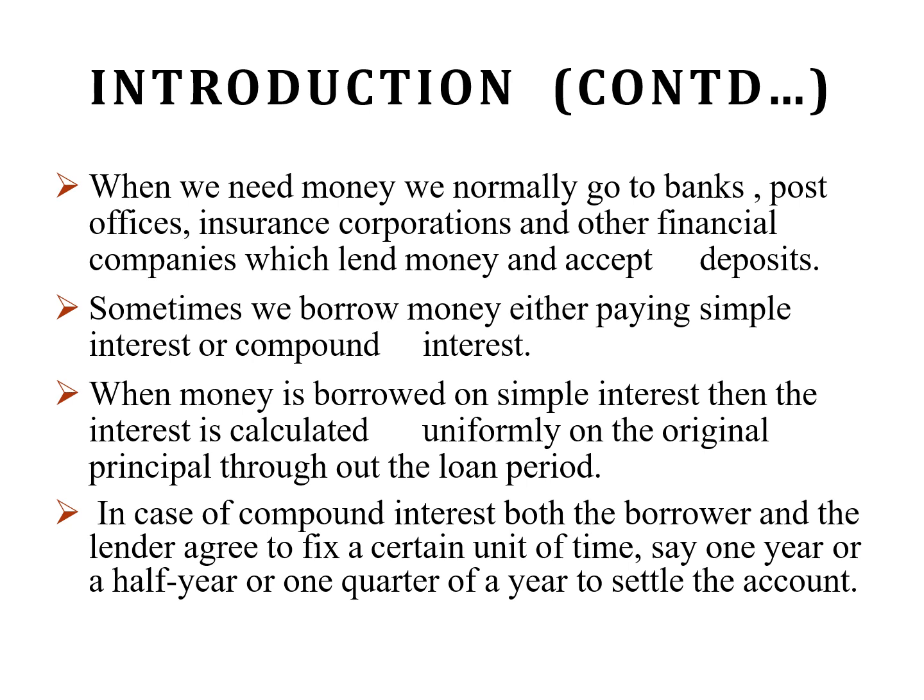When money is borrowed on simple interest, the interest is calculated uniformly on the original principal throughout the loan period. In case of compound interest, both the borrower and the lender agree to fix a certain unit of time, say 1 year or half year or 1/4 of a year, to settle the account.